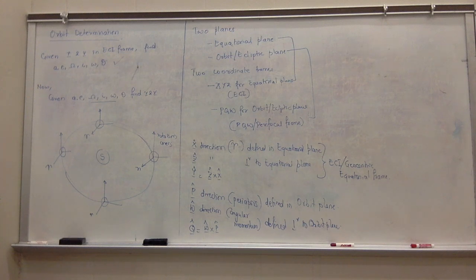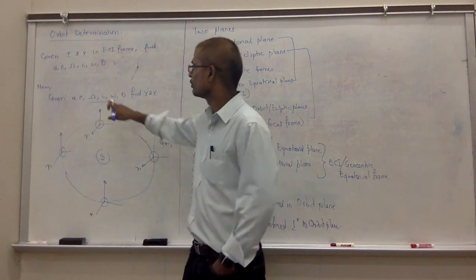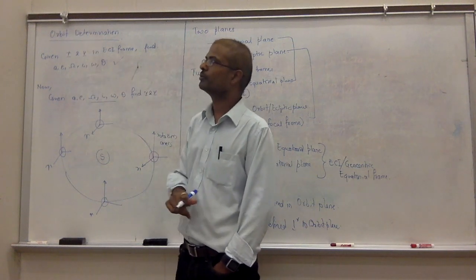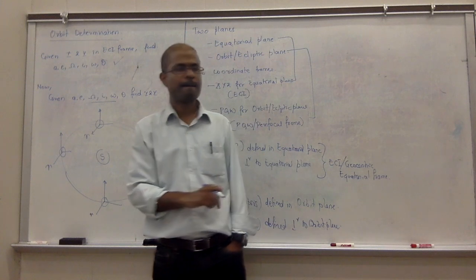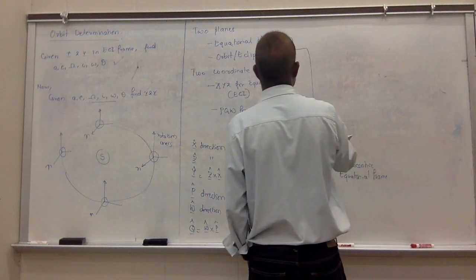Make sense? So now, when we talk about coordinate transformation, when you're given these elements, how do you use them to figure out R and V?